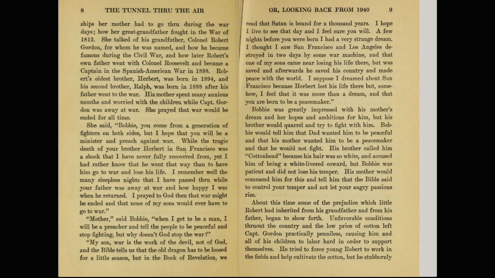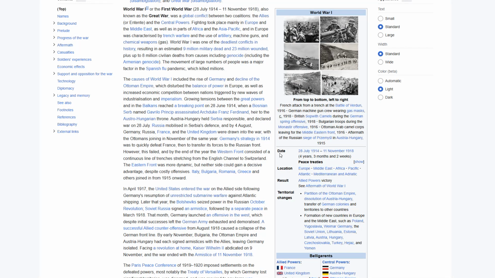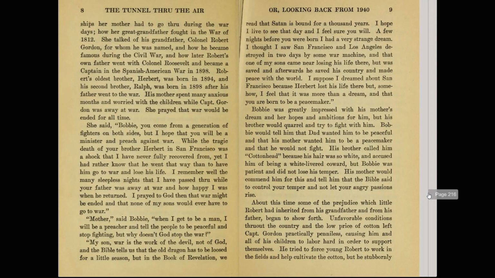So we have to go outside of Tunnel Thru The Air and look up World War I to see that it started at the end of July 1914. So if we look, we can see that this was after Robert Gordon's 8th birthday, because he turned 8 in 1914, obviously, since he was born in 1906, and he was born in June, and the war started at the end of July, so we know Robert was 8 years old on page 8 of this book.